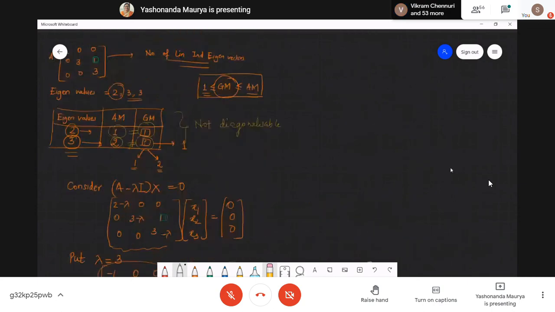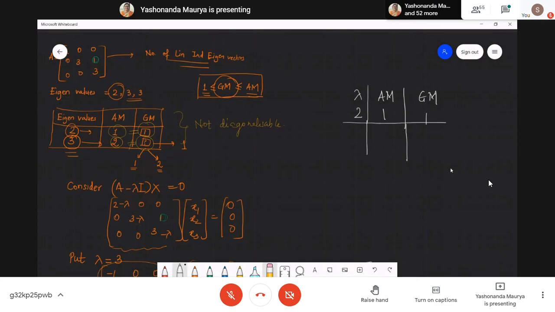So for this matrix, now the table is, we have got the lambda values. Here I'll write down the algebraic multiplicity, geometric multiplicity. So this is for 2, only one vector will be obtained. I have not explicitly found for this one, but then I know what the value is. Okay, 3, I have got this as 2 as here, and now after doing the calculation, this value we got as 2.